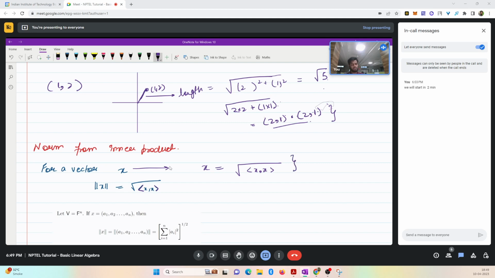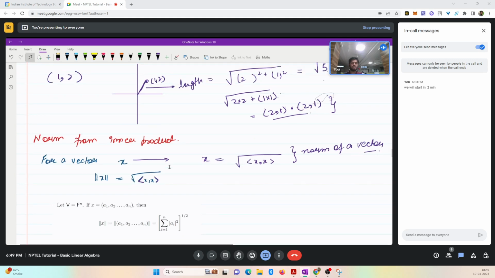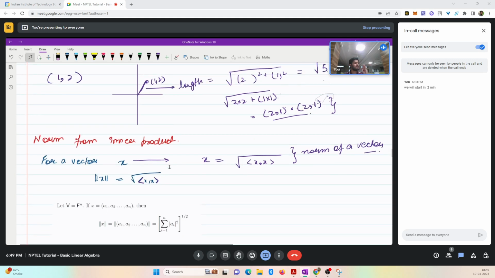And this notion of length is called the norm of a vector. So how do we define a norm? We just take the inner product between the vector and itself, and then we take a square root of it, very similar to what we were doing in our schools.